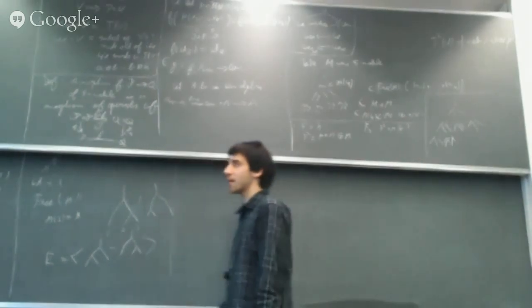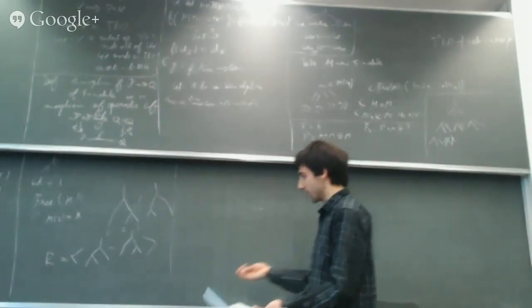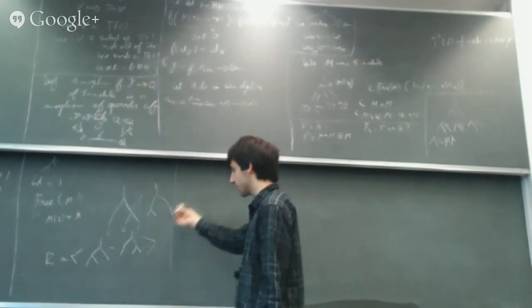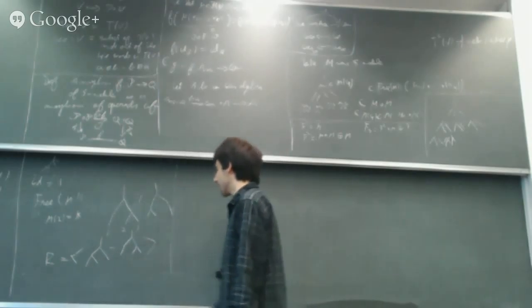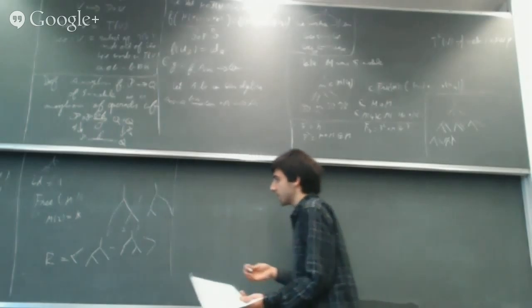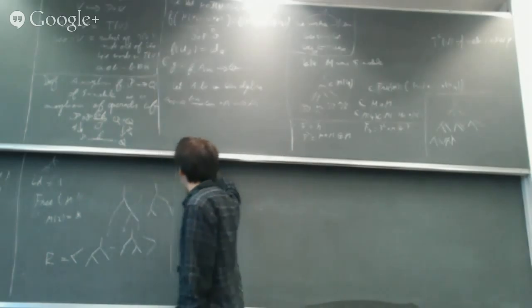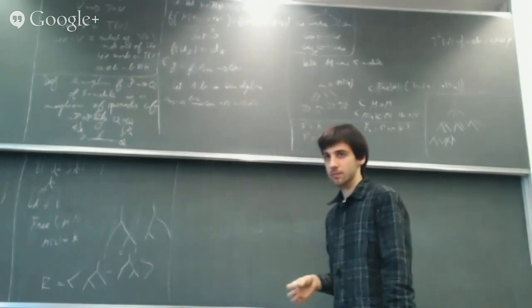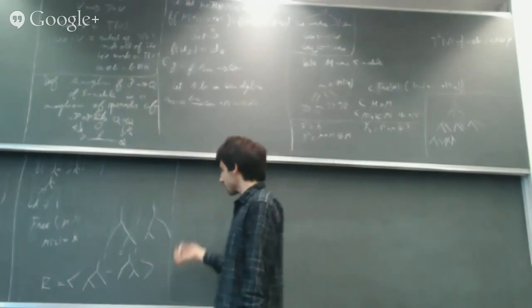And when I say spanned, I don't really mean spanned, I mean somehow generated. It should be the ideal generated by this element. And the point is, when you take this, you mean all the trees that you can plug on the top of these two trees?